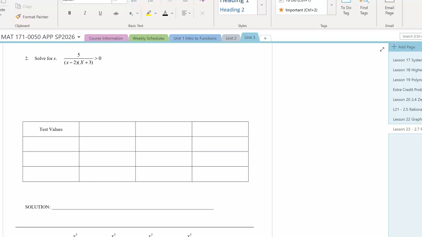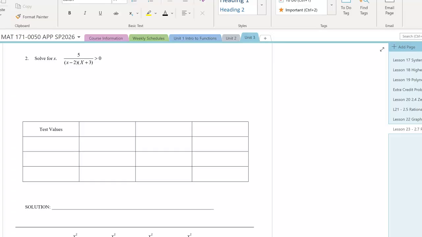Example 2. Solve the inequality 5 over (x minus 2)(x plus 3) is greater than 0. So if you recall, to solve a rational inequality, what we need to do is find out where the numerator is equal to 0 and where the denominator is equal to 0.